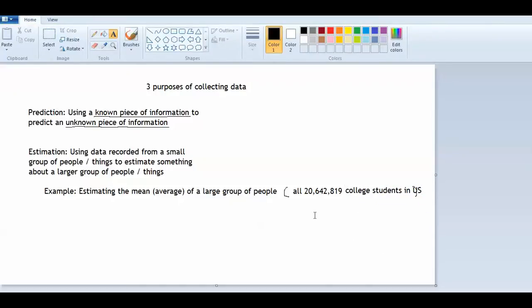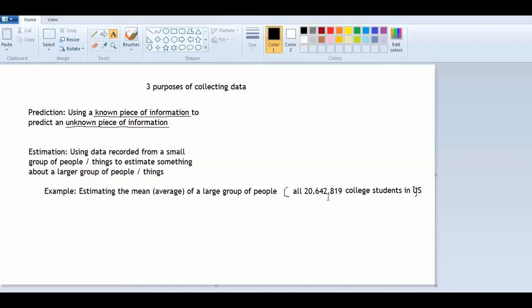So, like I said, if you actually wanted to calculate the exact average GPA of all college students in the US, you would have to record 20,642,819 GPAs. Then you would have to add up all of those GPAs and divide the total by 20,642,819.